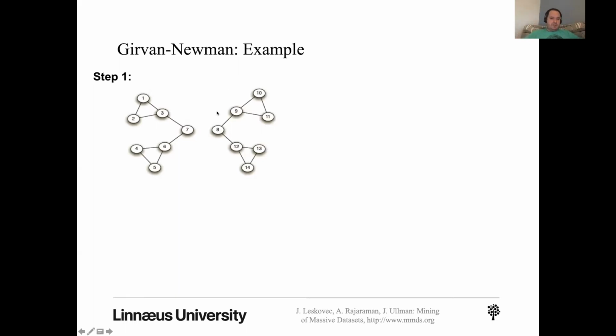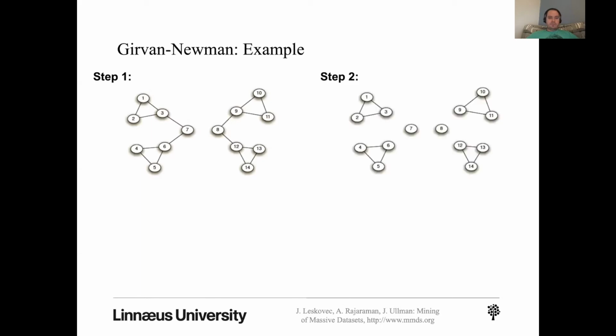And if our goal was to break this graph into 2 communities, that's it. You don't need to do anything else, because you have 2 communities, and according to this algorithm, this is the best way possible to cut this graph into 2. And that's all you need.